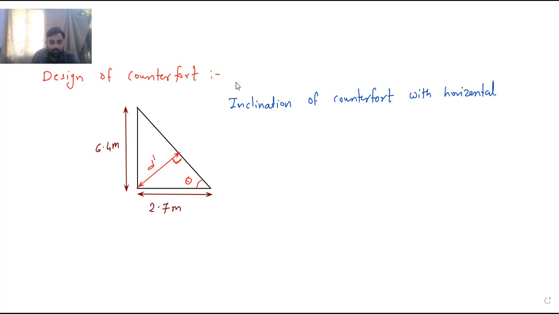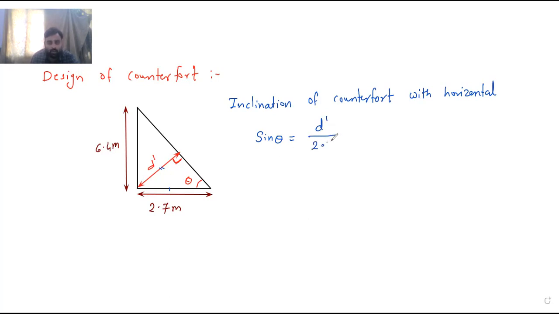We consider this right angle triangle. Instead of tan of theta, if I go for sine of theta, because this side is known to me and this is the hypotenuse, then sine of theta is equal to the opposite side, that is d dash, divided by the hypotenuse.